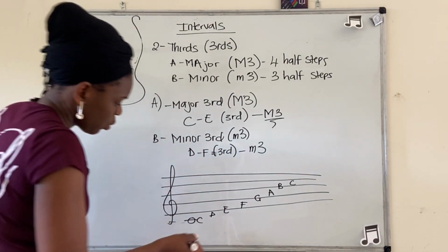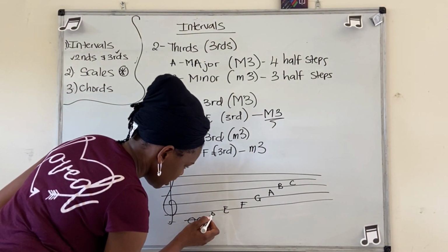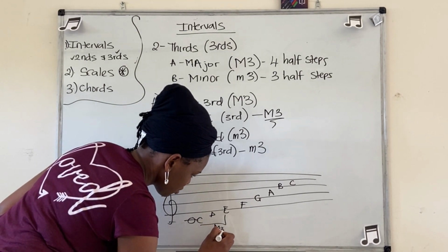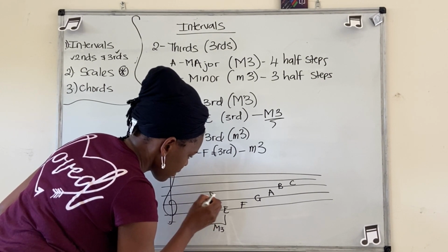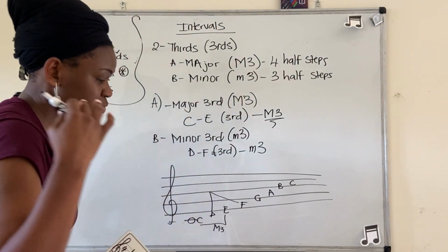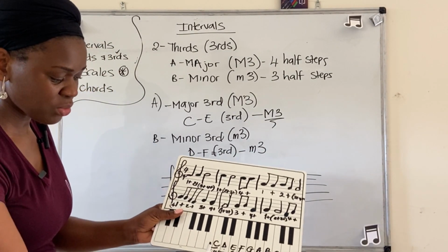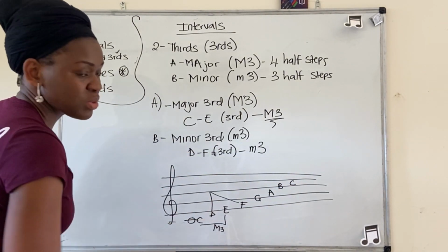So now we had from C to E, which was what? Our major third. Now we're looking at from D to F. And to be able to do this, most of the time, it's better for you to go to the piano, or if you've memorized the different half and whole steps on the piano, it's going to be easy. Every time I see E and F, I know it's a half step.